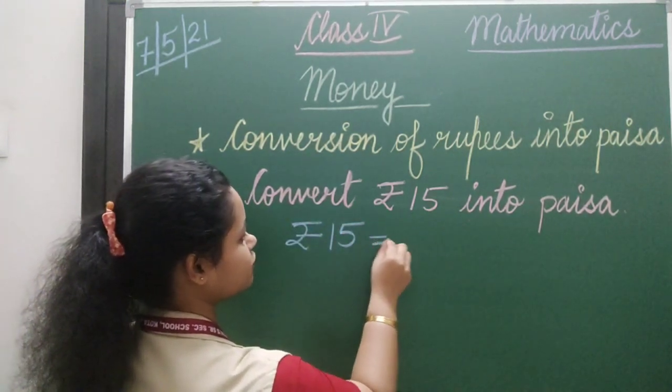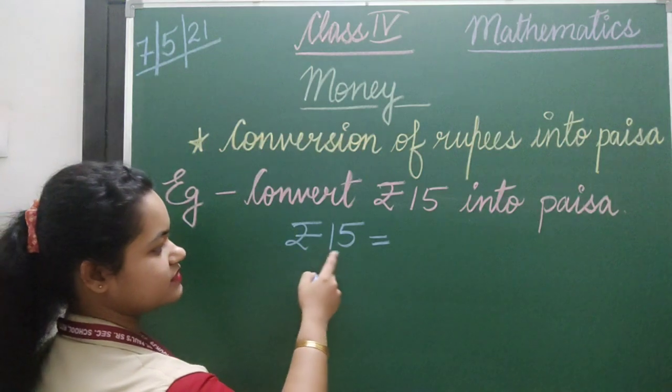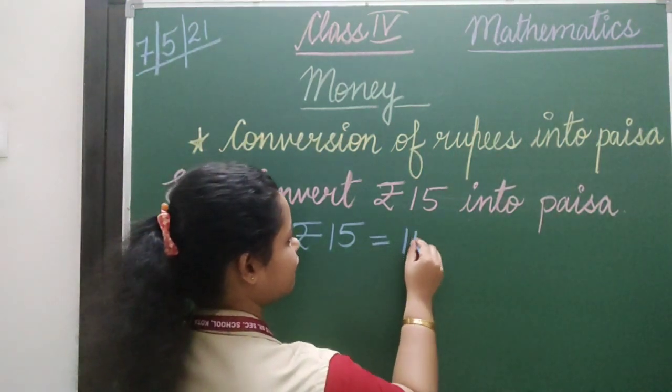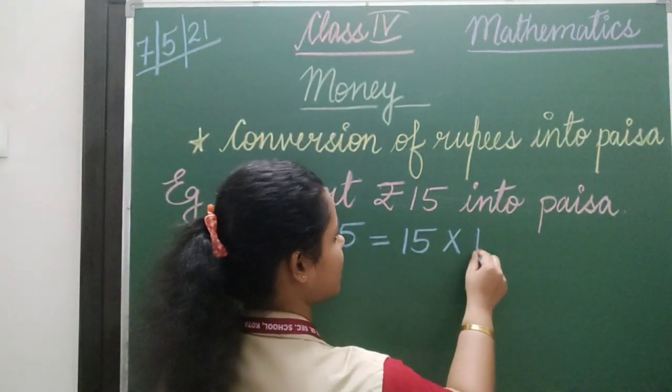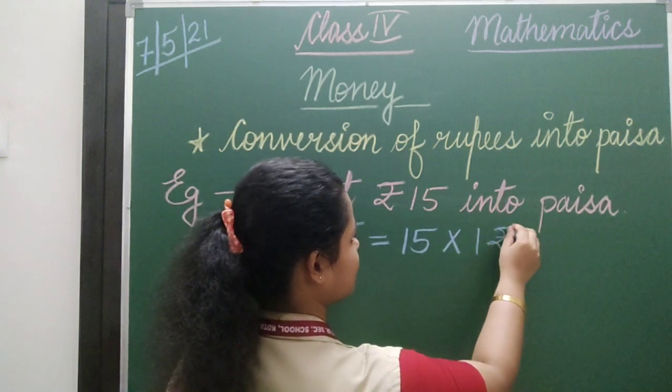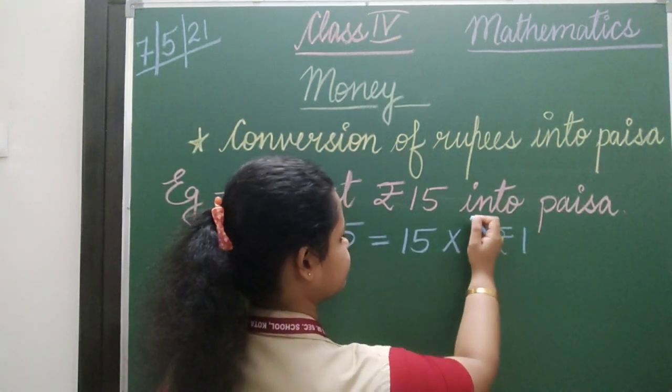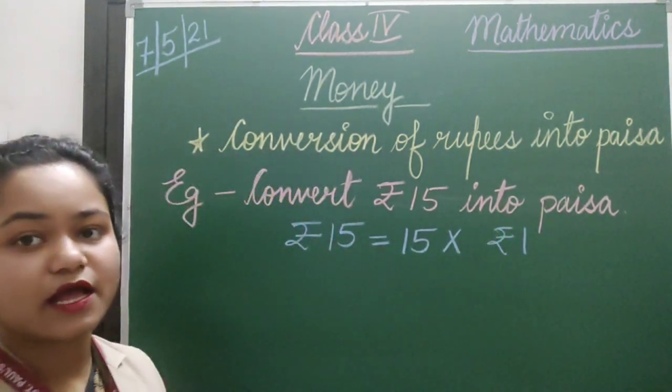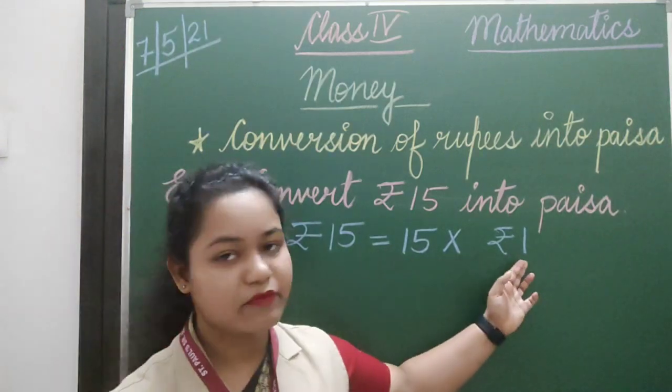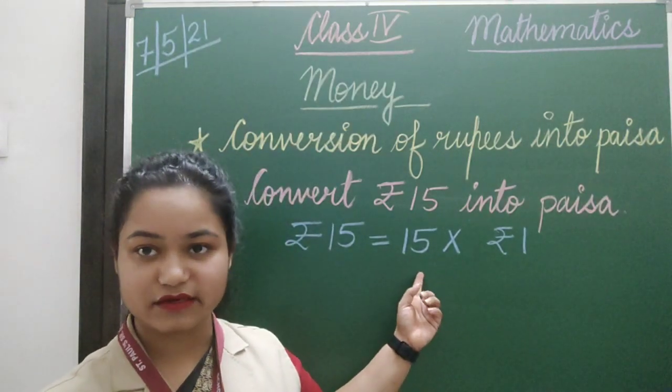So rupees 15 is equals to, we can write rupees 15 as 15 into 1 rupee. Anything multiplied by 1 will give you the same answer, isn't it?